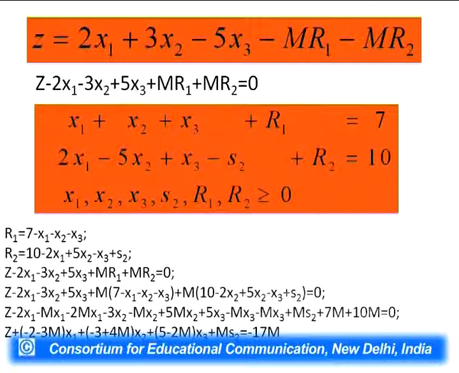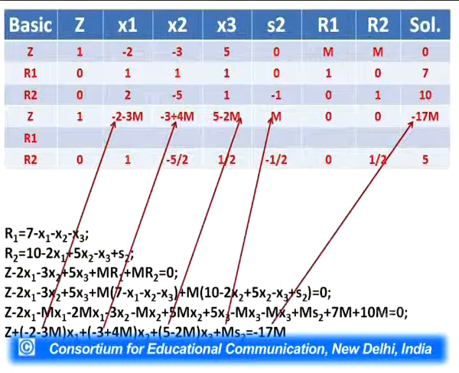Now I will go to the next table, and these are now the transferred coefficients. The first three equations are just the transferred coefficients from the previous equations, and we can have a look also.